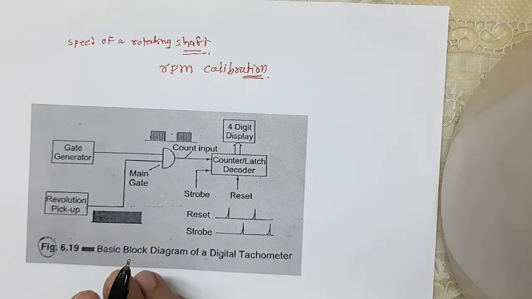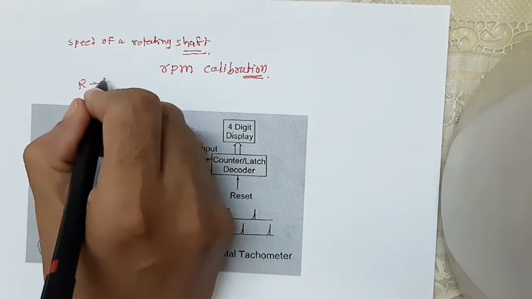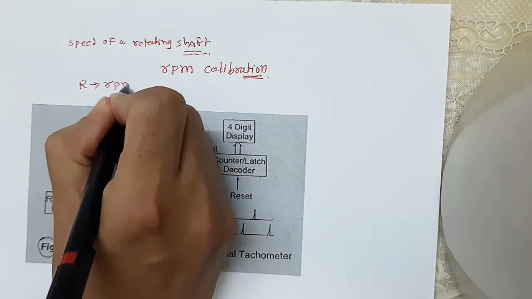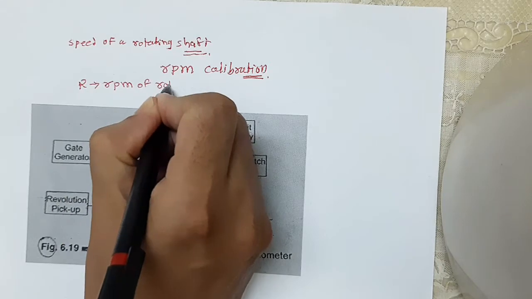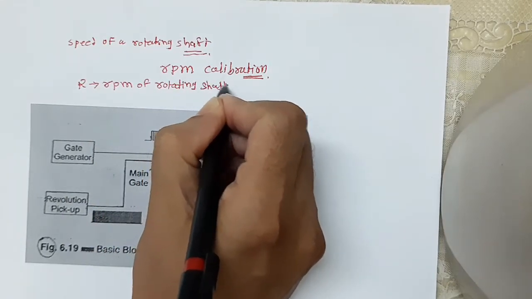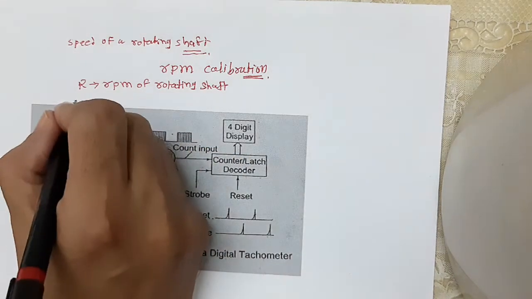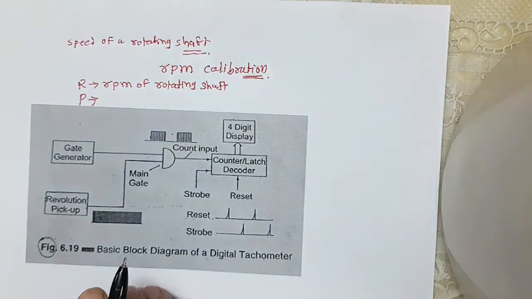Let us assume that the RPM of a rotating shaft is R. And P, what is P?